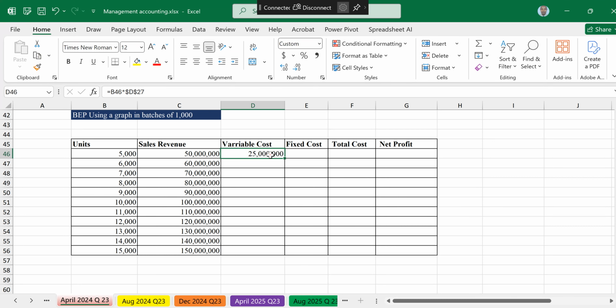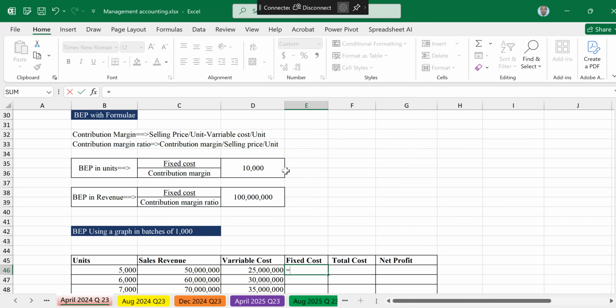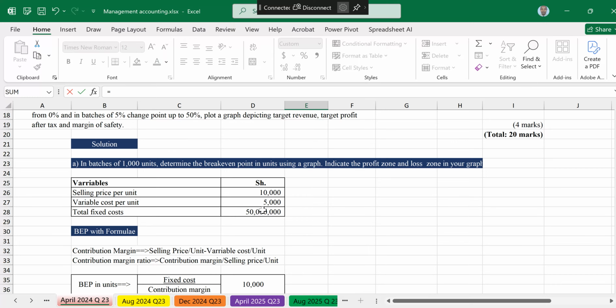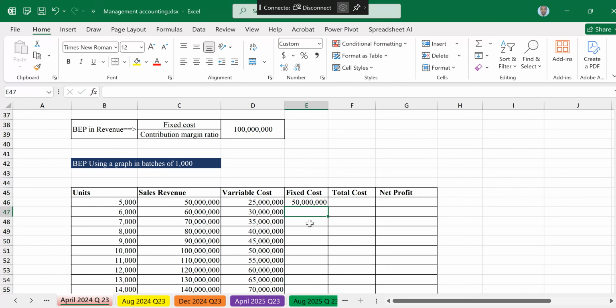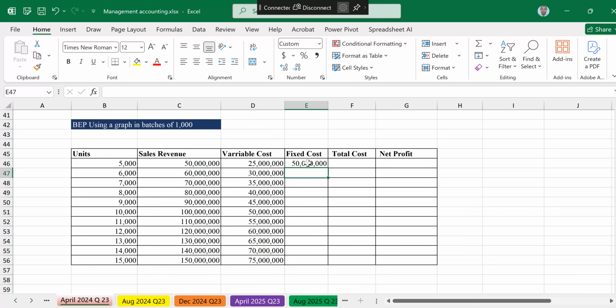Once you have the variable cost locked properly, drag down to the end. We know that fixed cost is fixed, and therefore just do equal sign, scroll up and click on the fixed cost, which is 50,000, lock it with absolute. Enter, drag down.